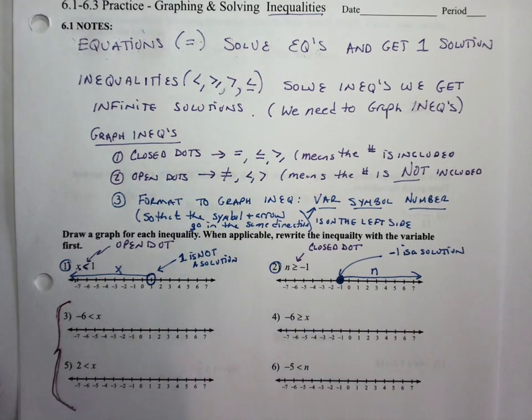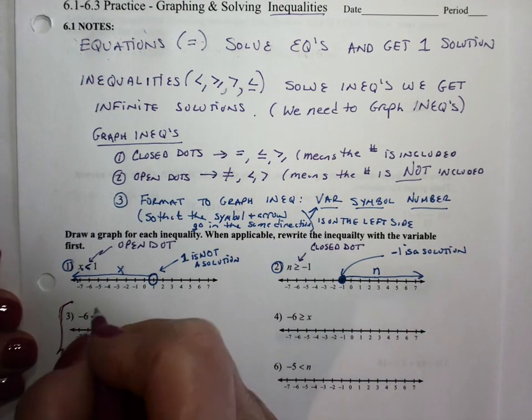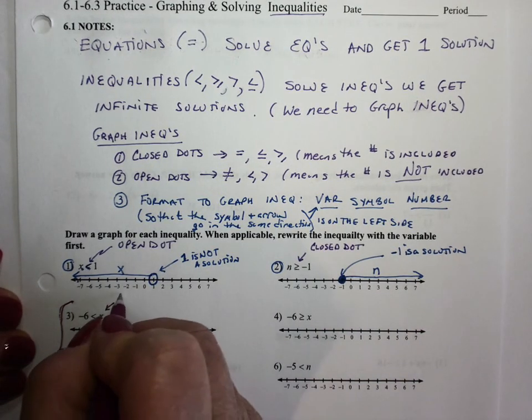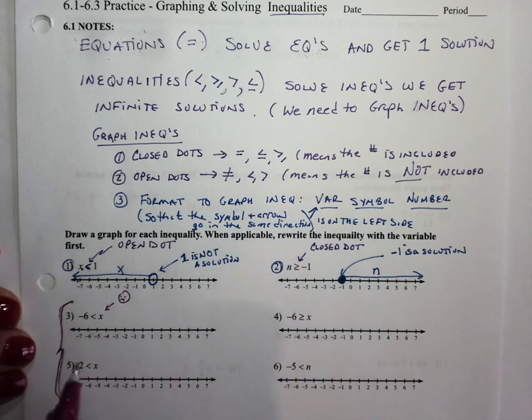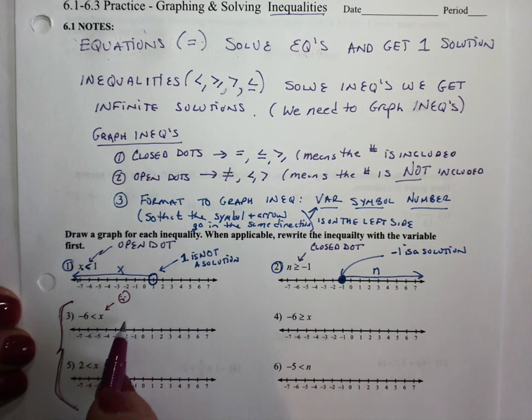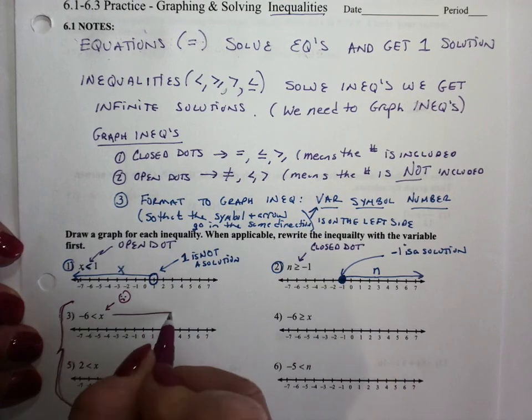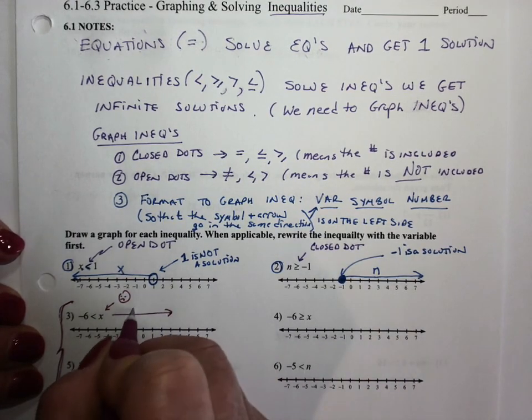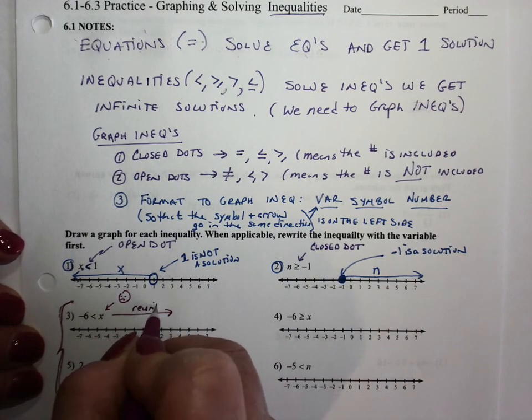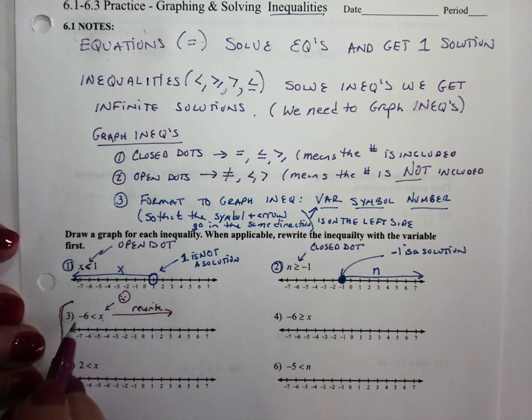So for these problems right here, notice this is going to make us sad because the variable is on the right-hand side. But to make us happy again, we're going to rewrite, okay, reading backwards.